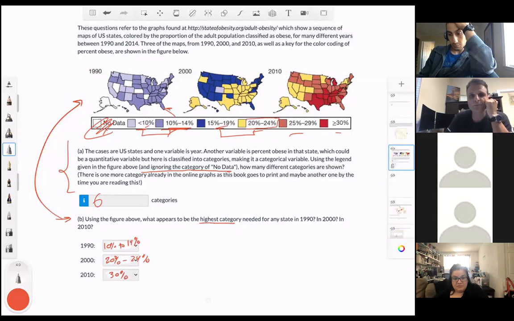In 2010 is more than 30%, or less than 30%. No, red is more than 30%. Does that make sense?